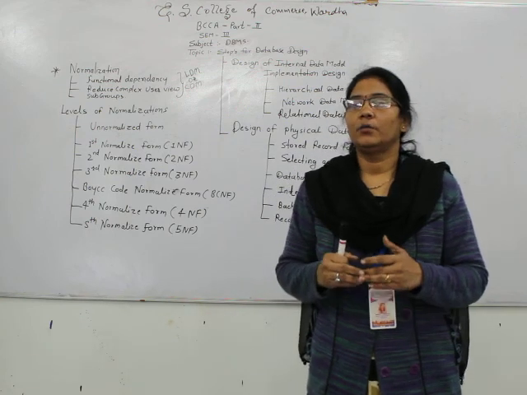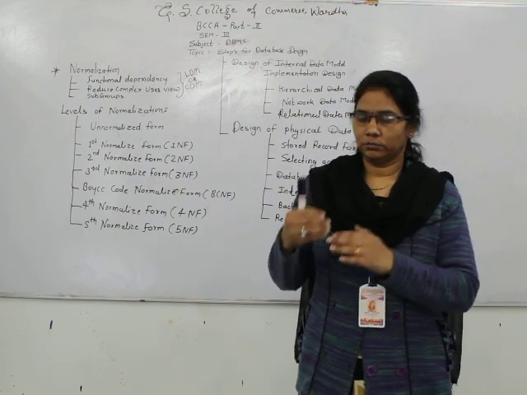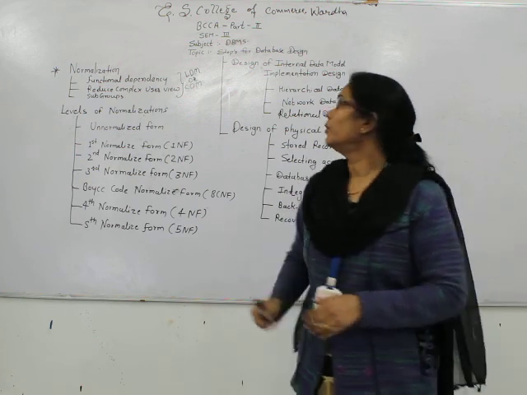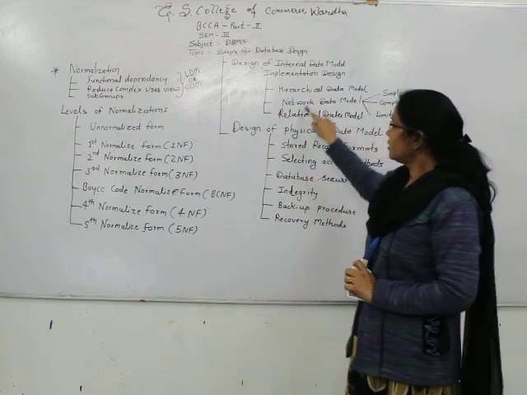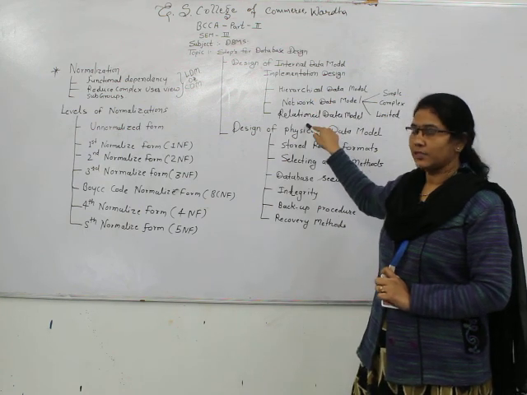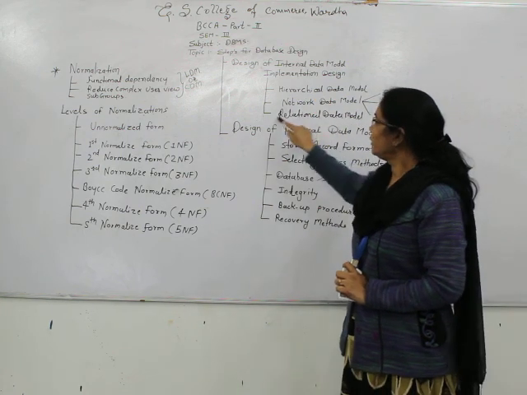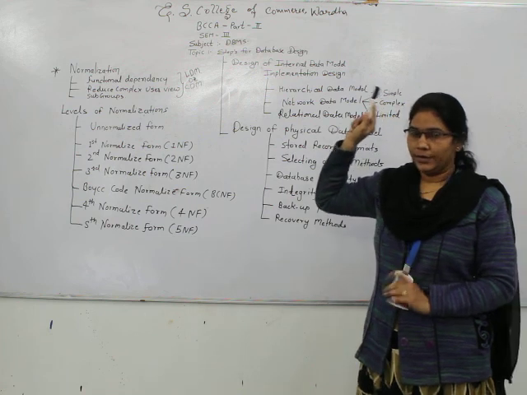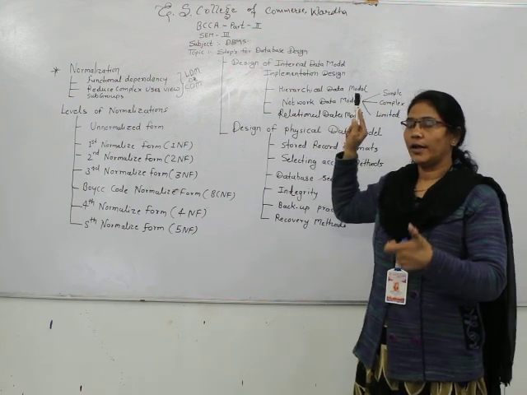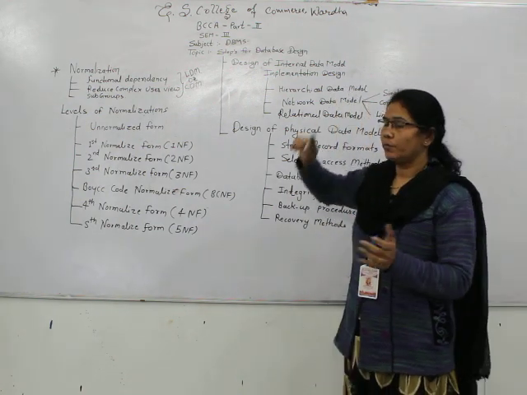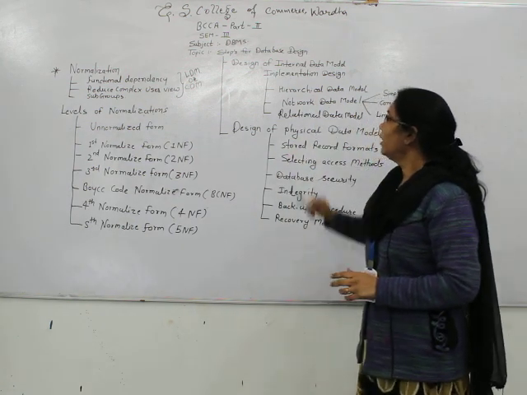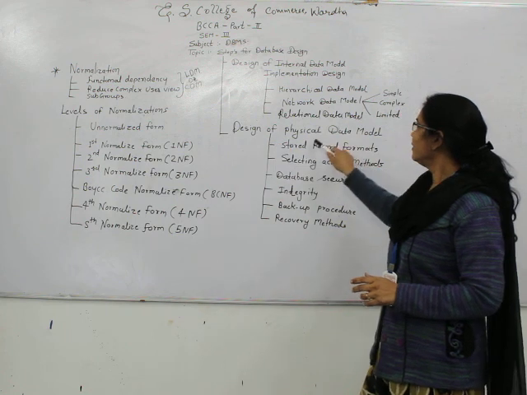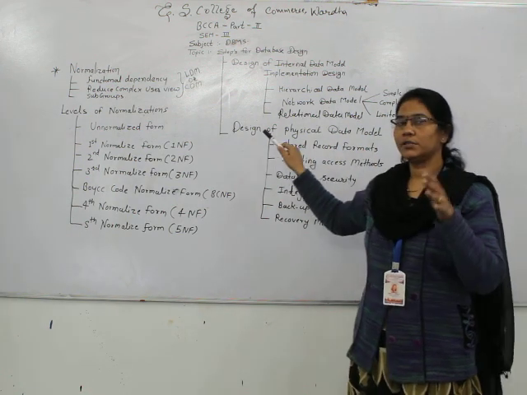After that, we convert our conceptual data model into the internal data model with the help of these 3 structures, or classifications. Among them, we decide one internal data model structure and map our conceptual data model into it. After that, we design the physical data model.